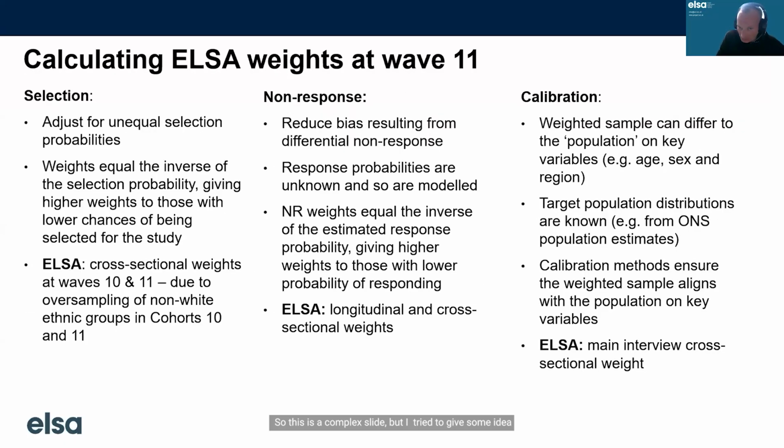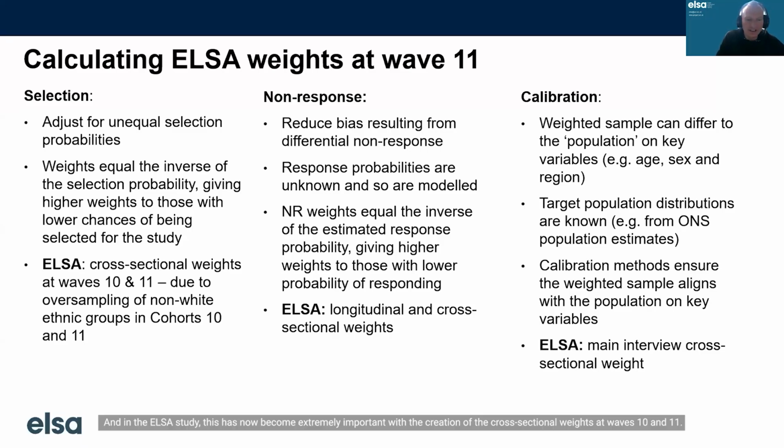So this is a complex slide, but I tried to give some idea of what is going on behind the scenes when we are calculating the weights at a particular wave of ELSA. So first of all, there is a selection component. In the selection component, we adjust for unequal selection probabilities. Selection weights equal the inverse of the selection probability, and we achieve representativeness by giving higher weights to those with lower chances of being selected for the study.